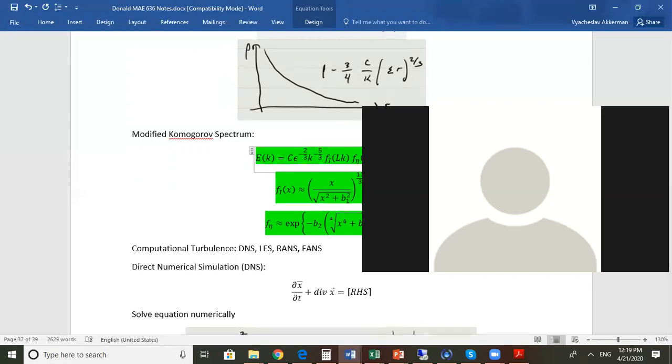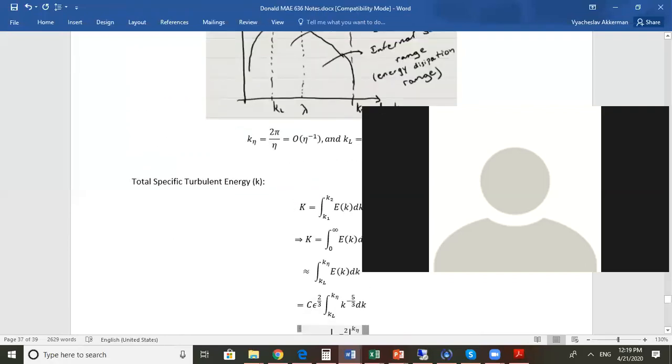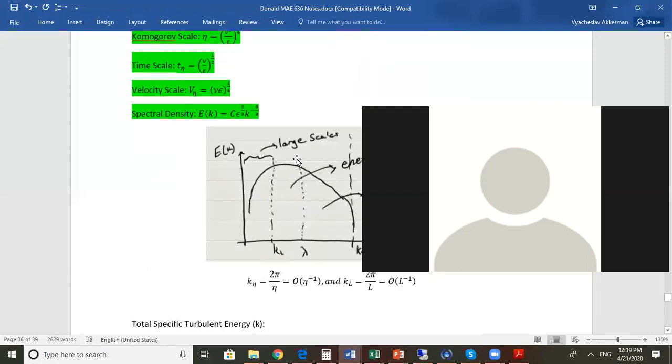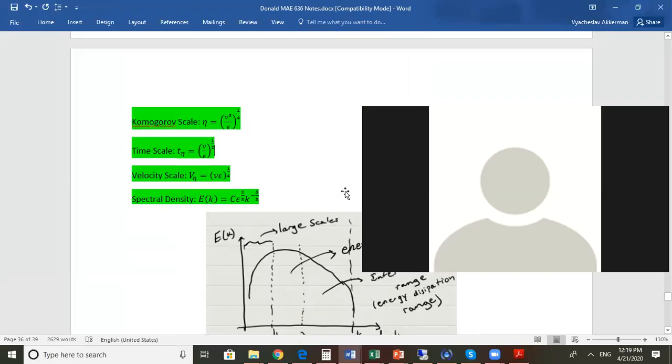What can you say about the Kolmogorov spectrum? If you take a look at the classical Kolmogorov diagram, when do we have the straight line? Definitely the straight line works in the middle of your spectrum.